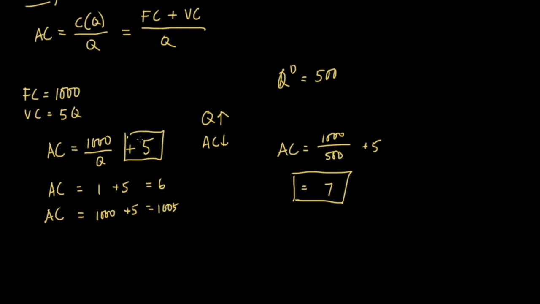So the firm would produce 50 units of output. AC in this case would be equal to 1,000 divided by 50 plus 5, which would be equal to 25. And we see that the less this firm produces, the higher the average cost is for the good.